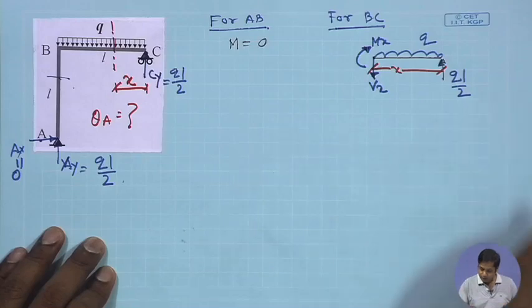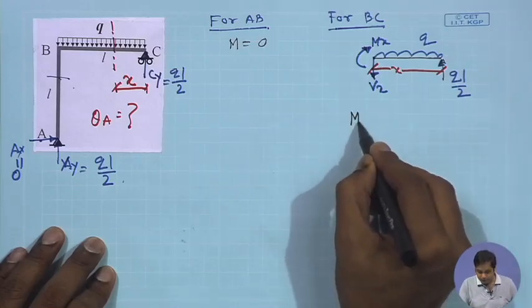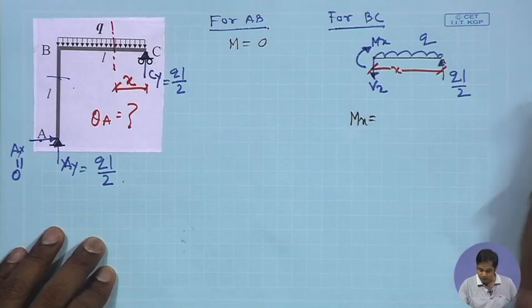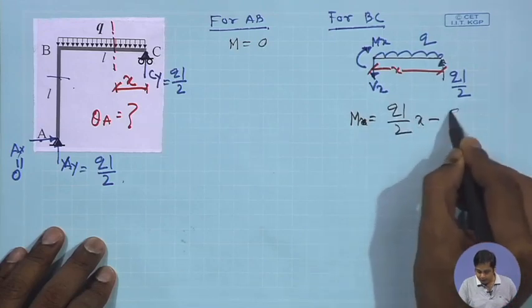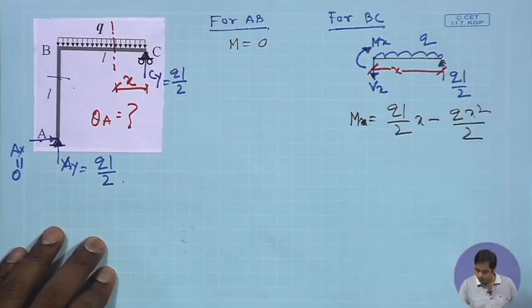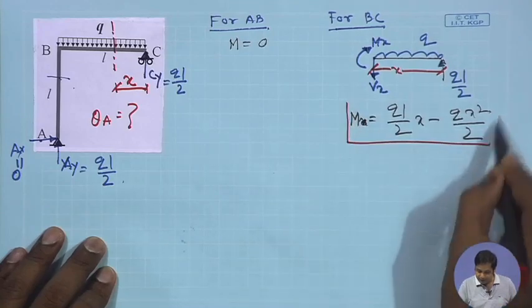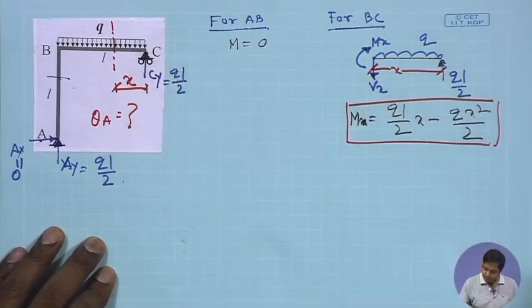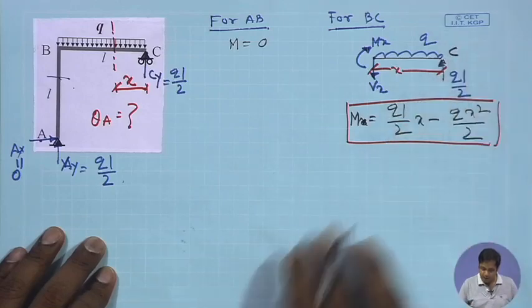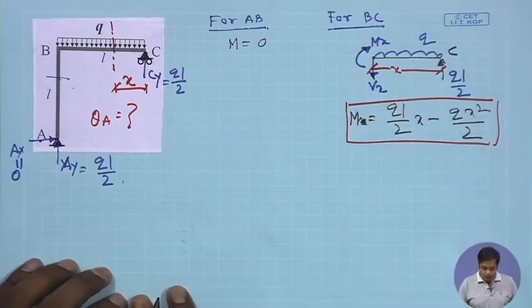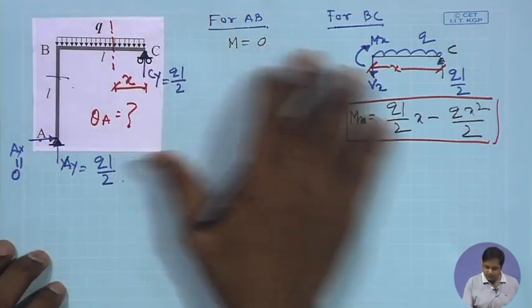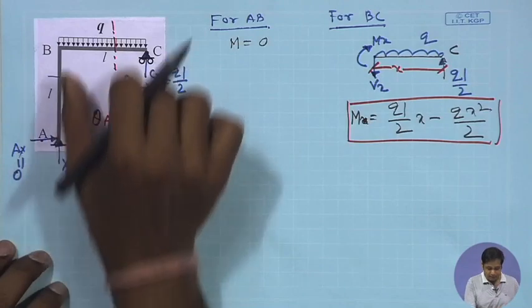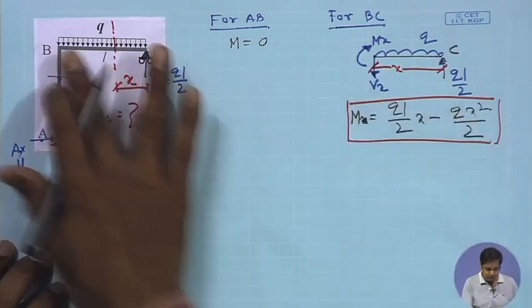So, applying the equilibrium condition, we get M is equal to QL by 2 x minus Q x square by 2. Please note, in this case x is measured from C, this point is C. So, for the real structure, for the actual load, the bending moment is 0 between A and B, and the bending moment expression is this between B and C.